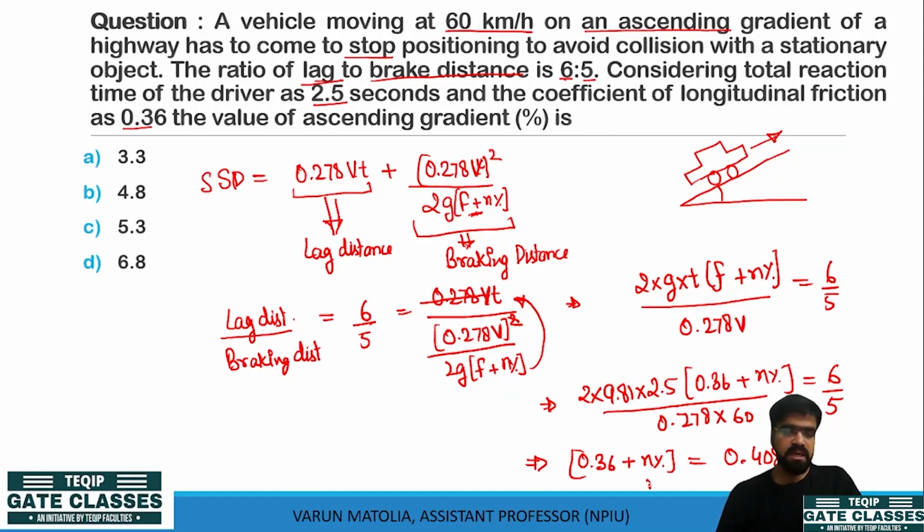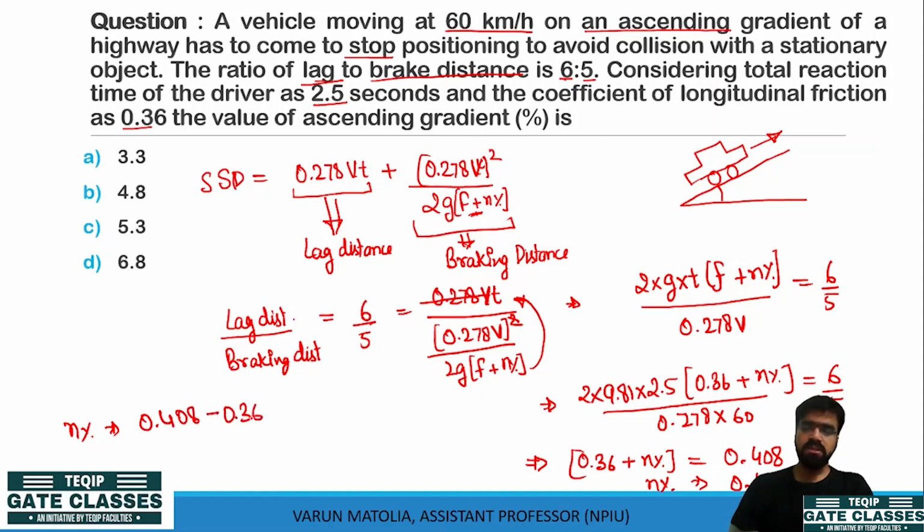Let us write n% is equal to 0.408 minus 0.36.